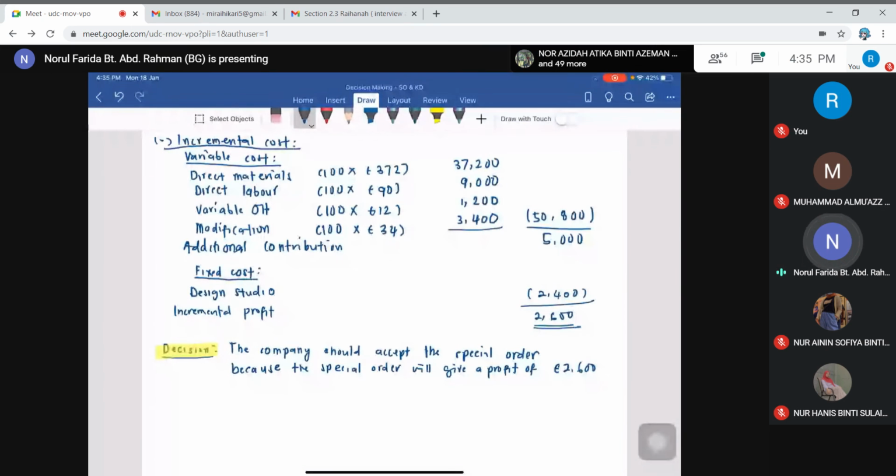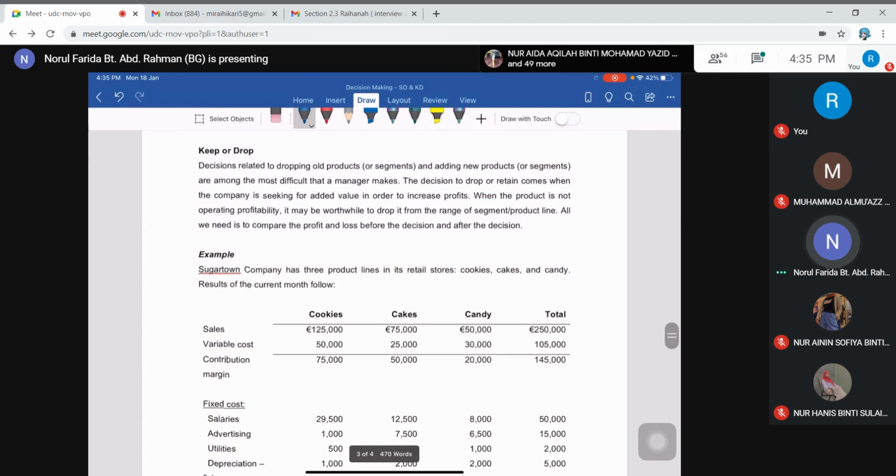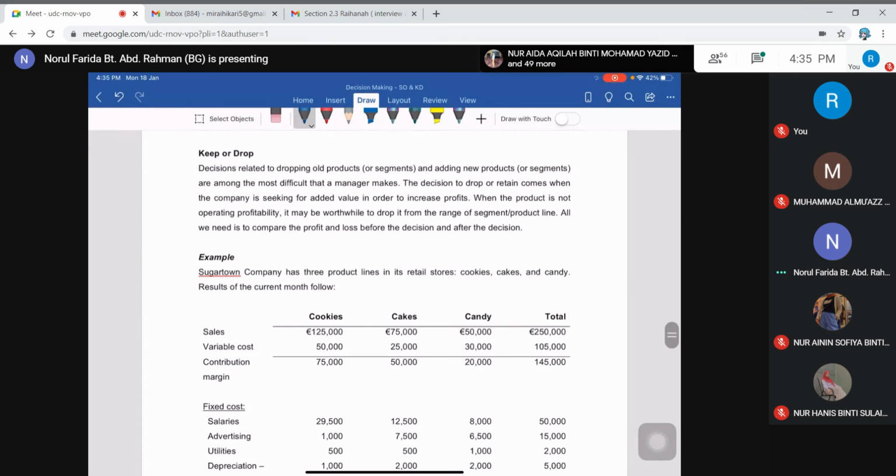Okay, so itu adalah special order. Okay. Next, kita move untuk keep or drop. Alright.